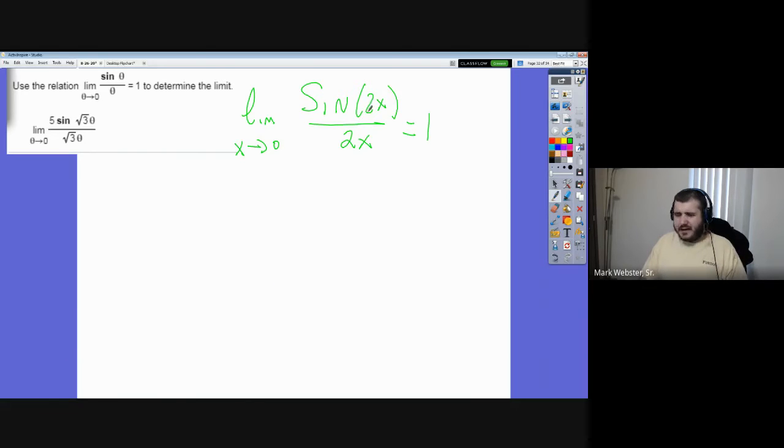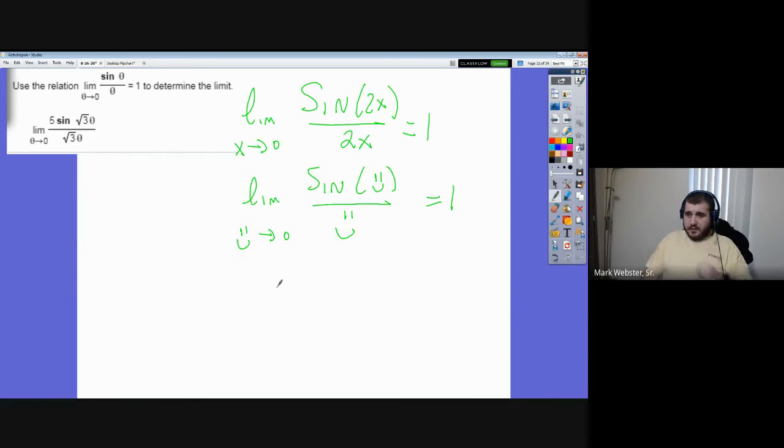It doesn't matter what's in here. Sine of smiley face over smiley face. As long as smiley face goes to 0, the answer is 1. So the thing of it is, you have to make sure that what's here and here is the same.